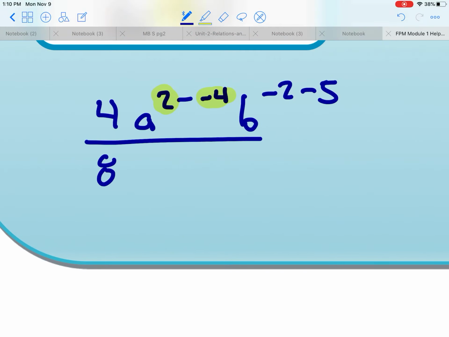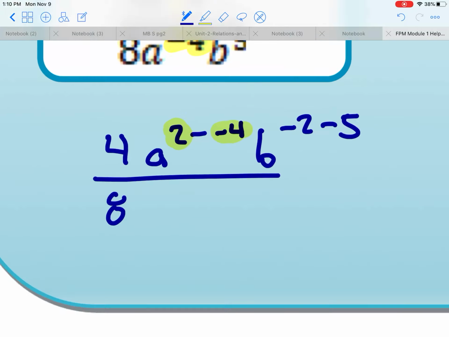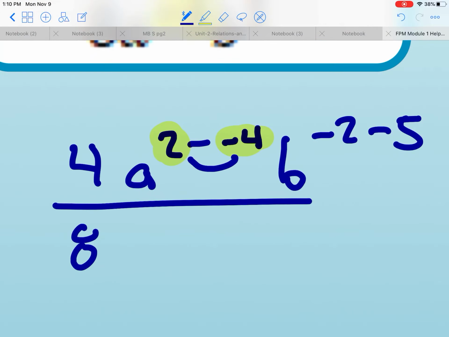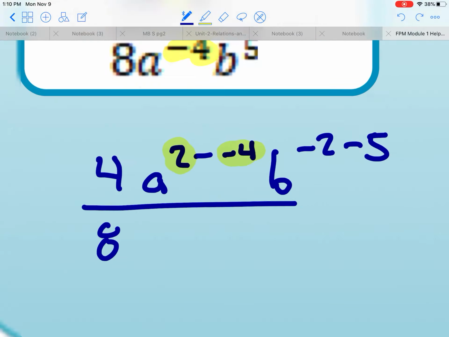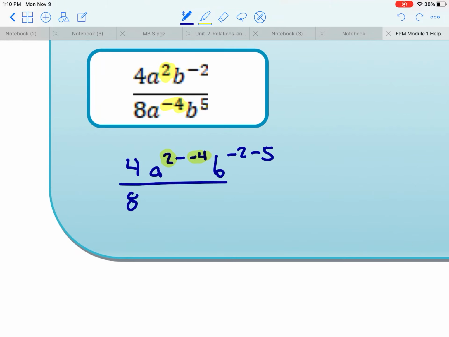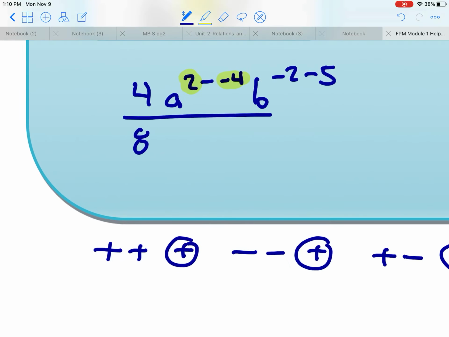Now, if you ever get a situation where what I call double signs, like this is a double sign, you can get rid of your double signs and make the question easier. If you have 2 addition signs in a row, it's really just addition. If you have 2 negative signs in a row, it's really just addition. If you have a mix of the 2, it's always subtraction. So that's another little strategy you can use to make questions easier.